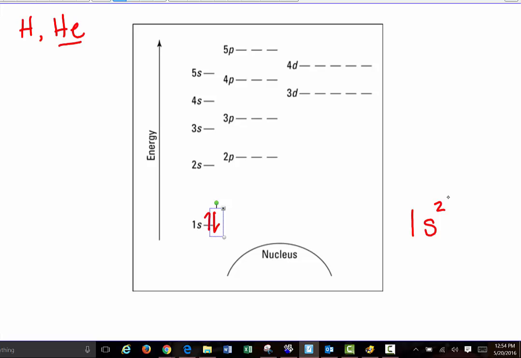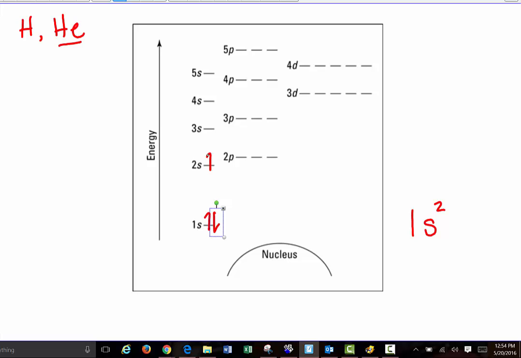So it's very stable and doesn't want to react with anything because it doesn't want to take any more electrons and it doesn't want to lose any. If it lost one, then it would not have a full shell, and if it gained one, it would not have a full shell either in its outermost orbital.